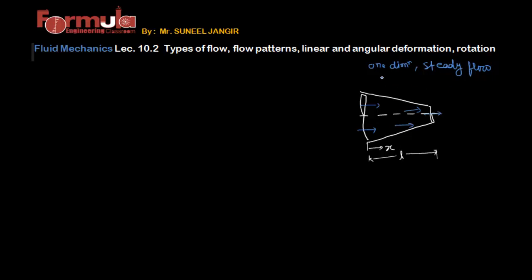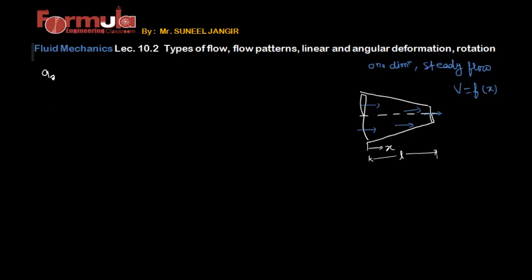We are saying that the flow through this nozzle is one dimensional steady flow, and in this case the velocity is only a function of x, that is, only a function of length here. Means v is only a function of x. The velocity is not variable in this case with the y direction and the z direction. This is my consideration.